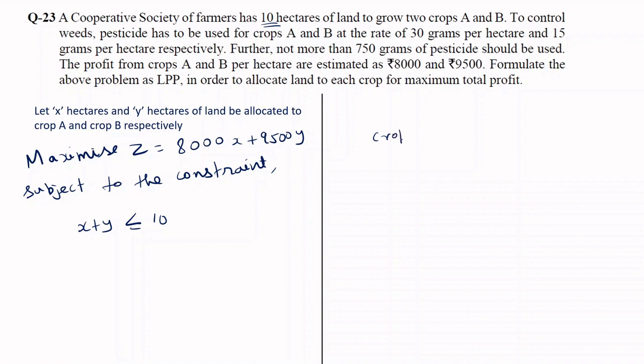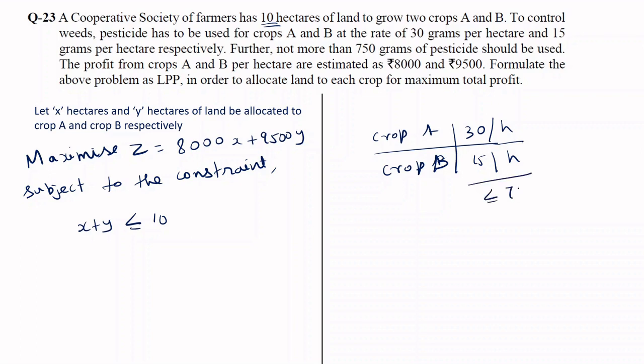So for crop A and for crop B, 30 grams per hectare should be used for crop A and 15 grams per hectare should be used for crop B. And then the total pesticide should not be more than 750 grams. This is in grams.